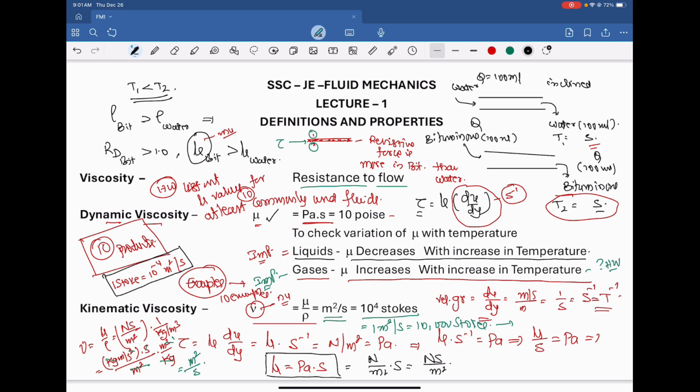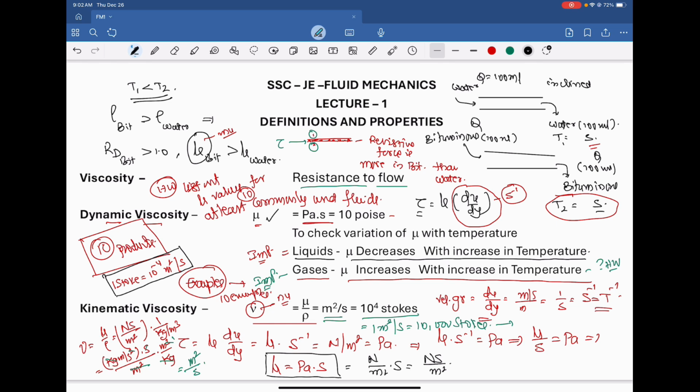They are not different from the SI units; they are only some ratio of the SI units. 1 Stokes is 1 by 10,000ths of the SI unit. 1 Poise is 1/10 of the SI unit. When you know the SI unit, you can know the Stokes. When you know the SI unit, you can know the Poise.